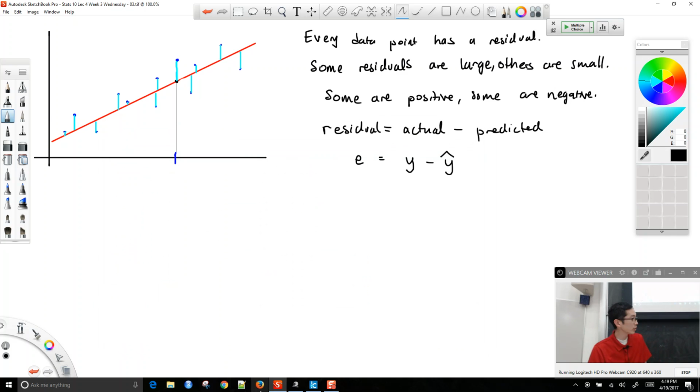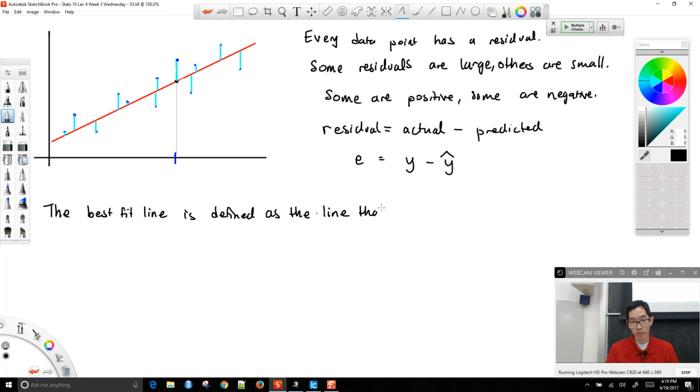And when we talk about linear regression and the best fit line, the best fit line is defined as the line that minimizes the sum of squared residuals.